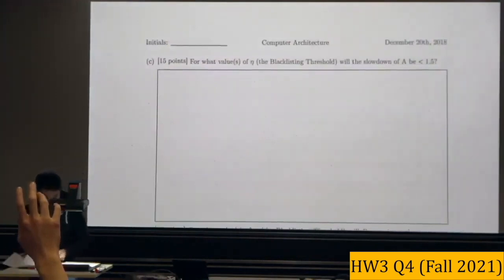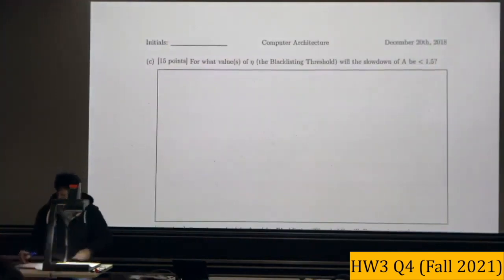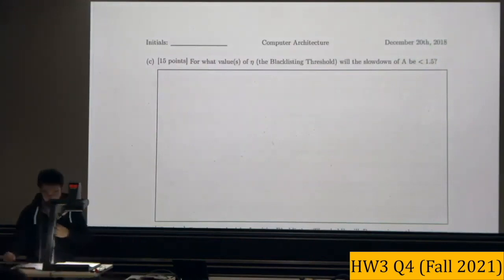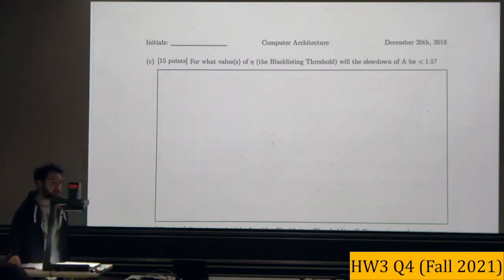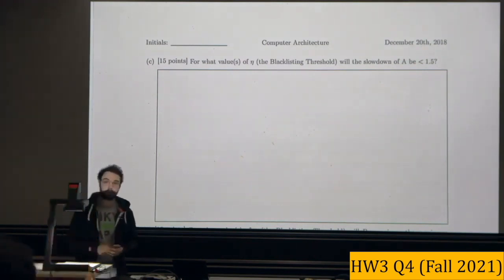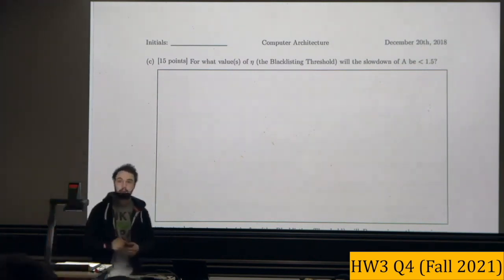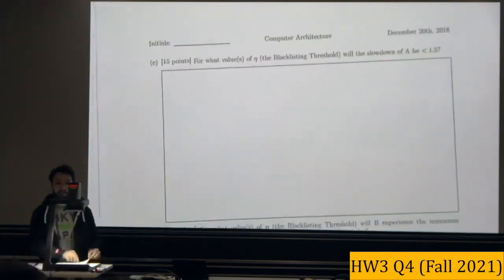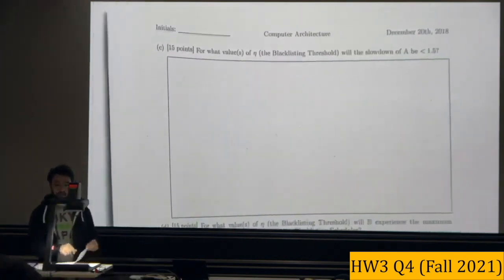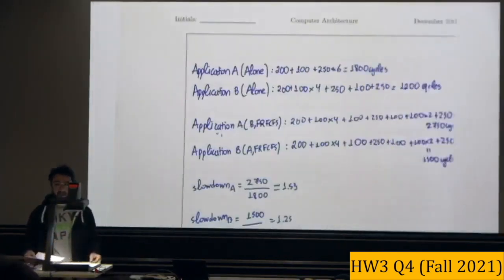So, for what values of n, the blacklisting threshold, will the slowdown of A be less than 1.5? Do you think it's possible to have a slowdown less than 1.5 in this application? I have a question about the last one. Yes. If you said n equal to 1, I think you might be able to get a similar result.